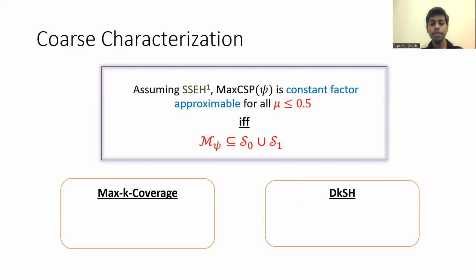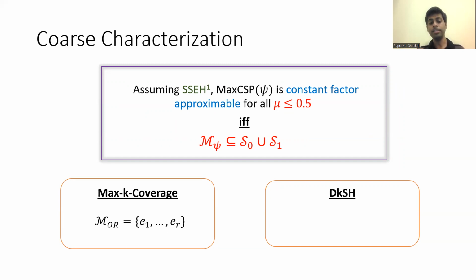Now, max-k coverage, recall that we argued that this is just biased CSPs on OR constraints, and OR formulas accept a string if and only if at least one of the inputs is 1. So this can naturally be used to argue that the set of minimal accepting strings for the OR predicate is exactly the set of weight-one strings.